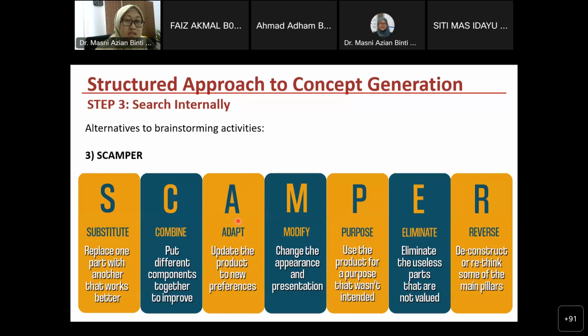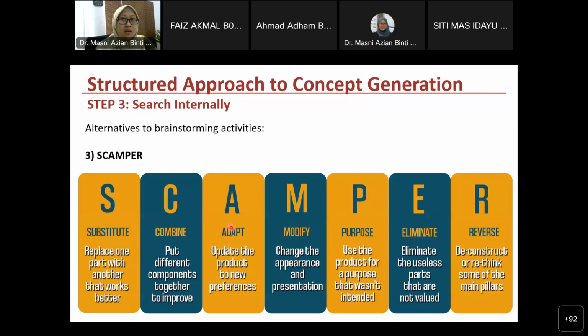Let's say you are designing a bicycle. Maybe you want to design a bicycle for people with an amputated leg. That is adapt, okay? Designing the product for a new preference, a new idea. So when you have a new idea, you have a new design concept. That's how you generate many design concepts.